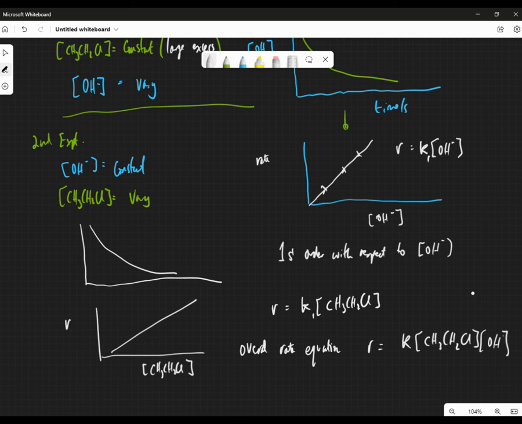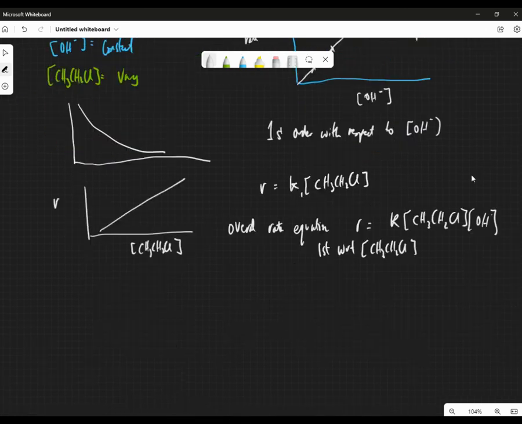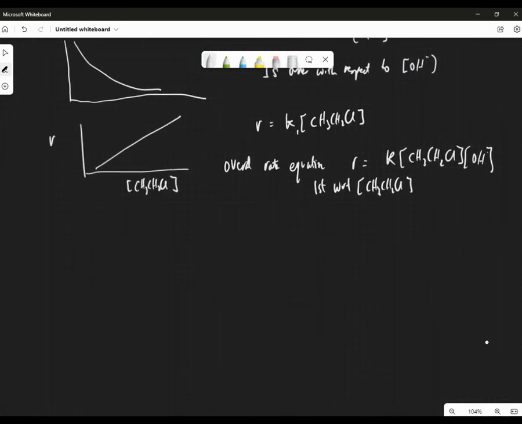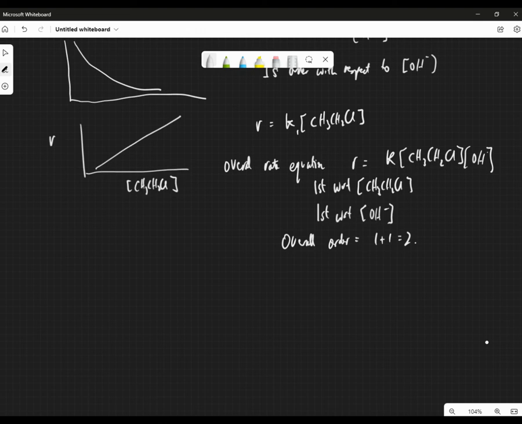As you can see, it's first order with respect to the halogenoalkane, and it's also first order with respect to the hydroxide ions. Overall, the order is 1 plus 1 is 2. And that's why, by the way, this mechanism is known as an SN2 mechanism, because that 2 is that 2.